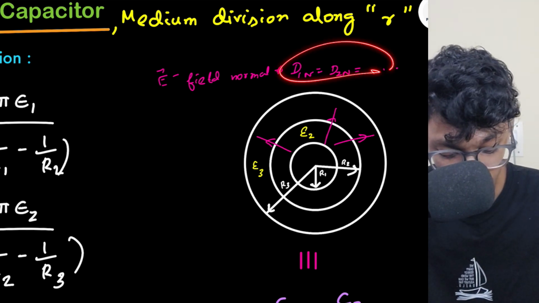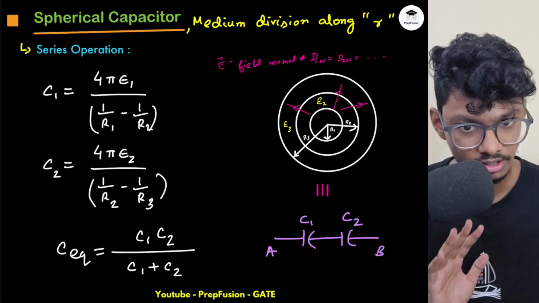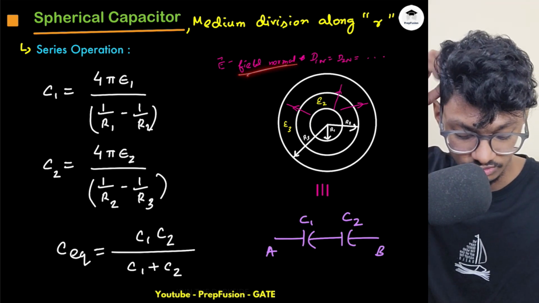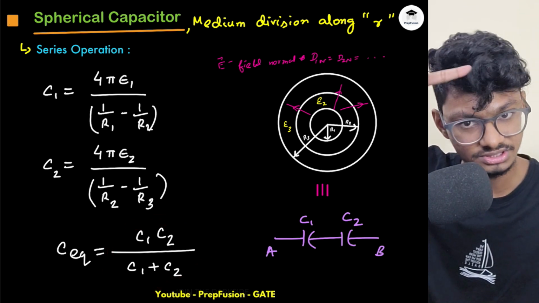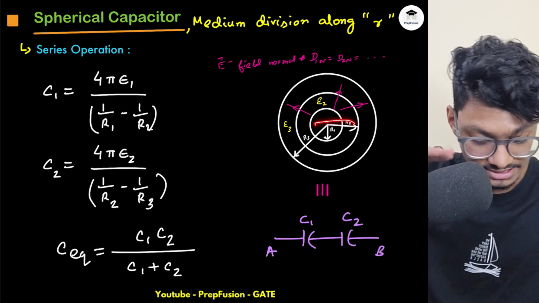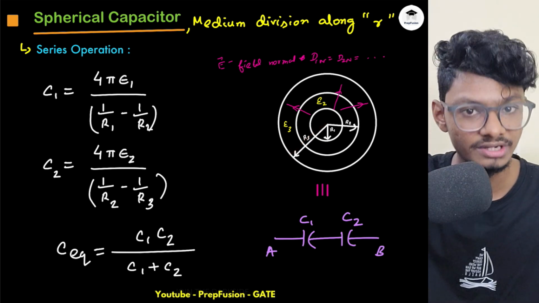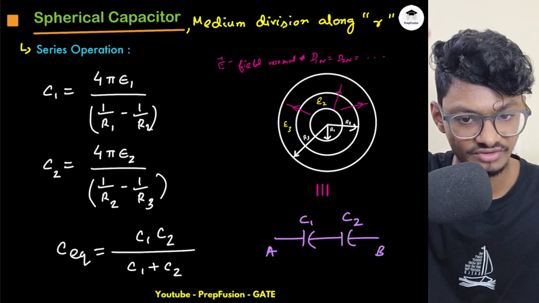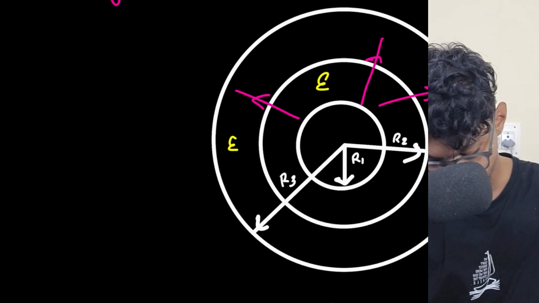And when does this boundary condition get applied? When things are in series. So obviously here the capacitors will be in series. Simple point: this boundary condition gets applied when they are in series. So simply C equivalent will be C1 C2 over C1 plus C2. Okay, if the medium is varying radially, medium means the permittivity. This medium is epsilon 2. This medium permittivity is epsilon 3. If it is varying radially, this is not epsilon 2, epsilon 1 and 2.